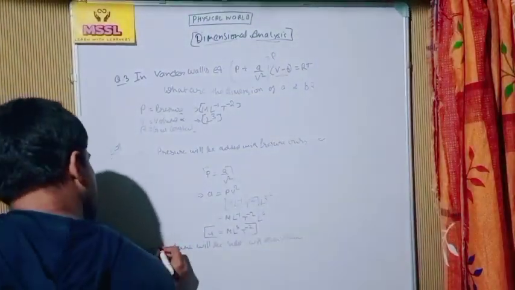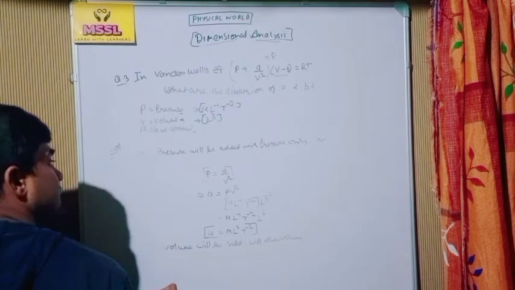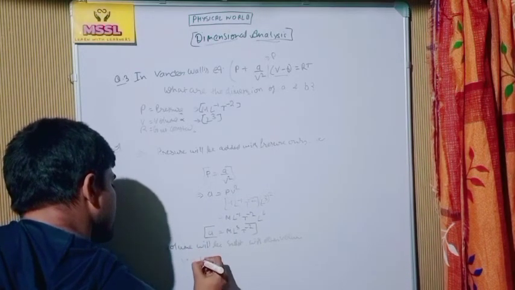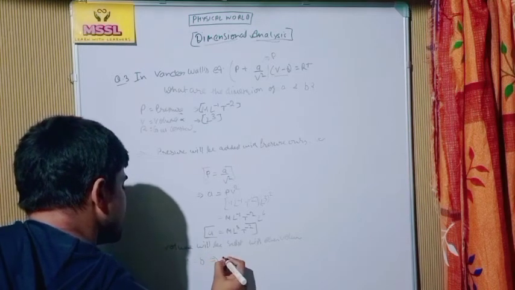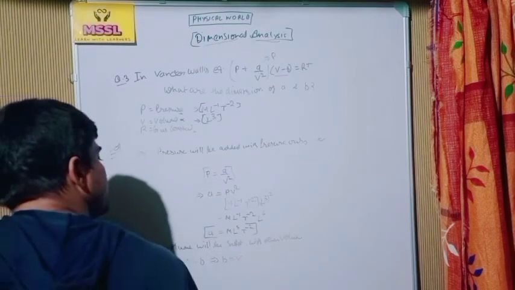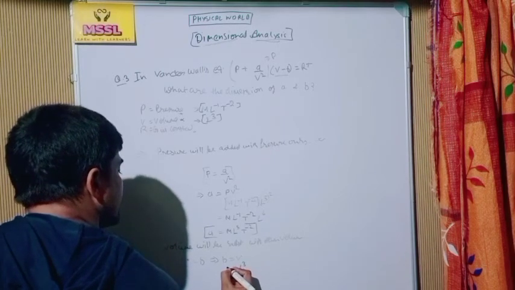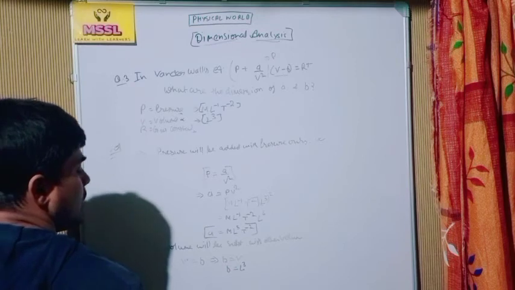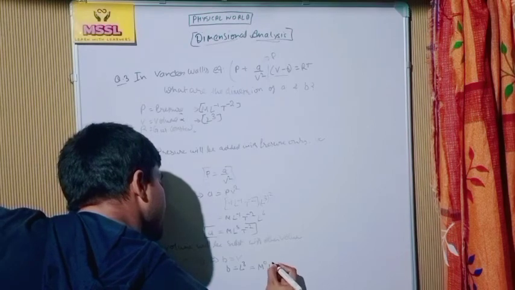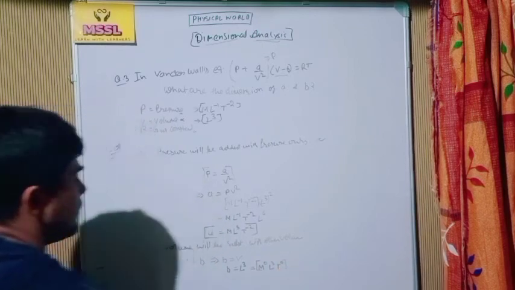So from this statement we can write b equals V, and the dimensional formula for this one is L cube, or in the standard form, where M is 0, L is 3 and T is 0.